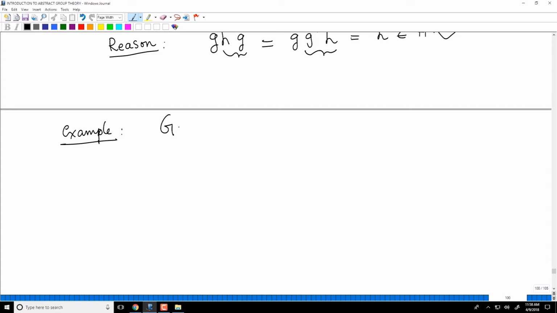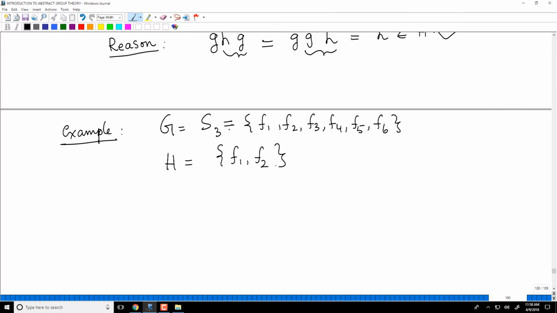Okay. So for example, take G to be S3. Again, S3, remember, is the set of bijections from a 3-element set to itself. And in my notation, these are F1, F2, F3, F4, F5, F6. If you take the subgroup H to be {F1, F2}, and I will let you check this, H is a subgroup of S3 because F1 is the identity element and F2 squared is F1.